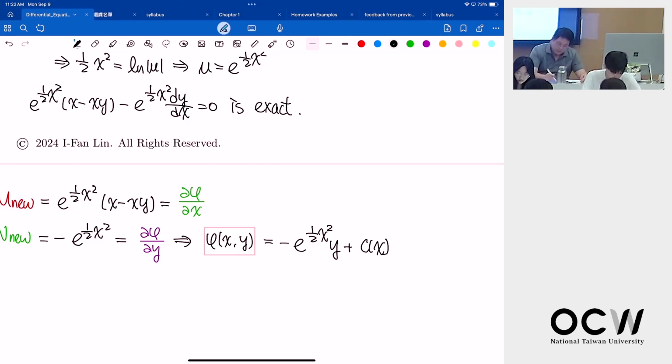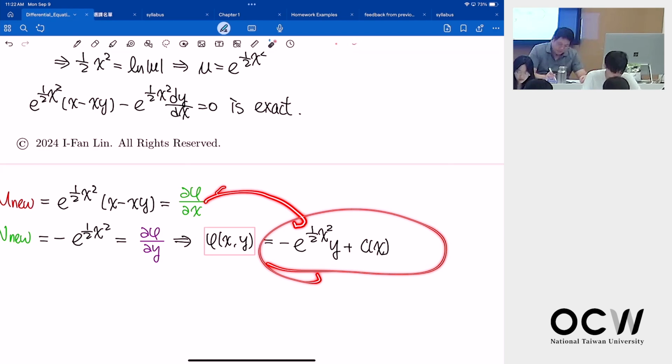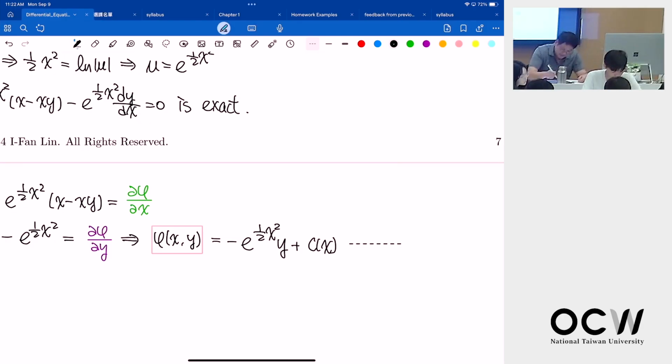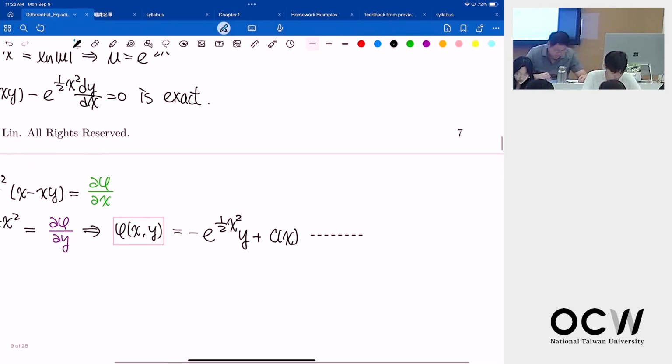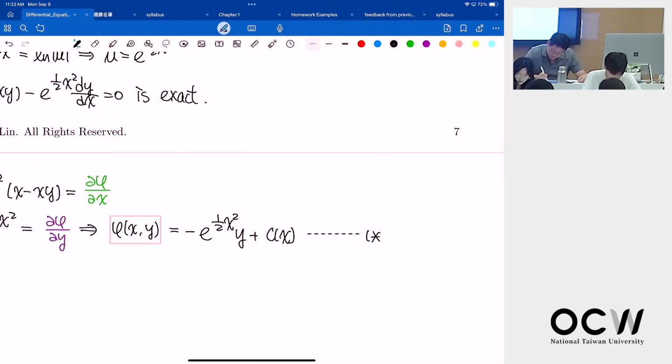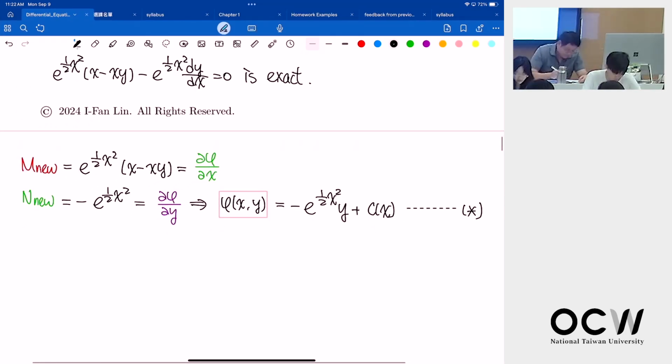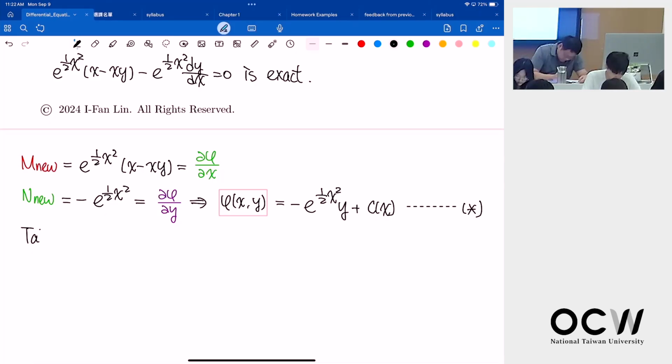Then we can bring this potential function to the m new, to find the function of x. Go back. Okay, if I have a star for this equation, we can take this potential function to our m new.